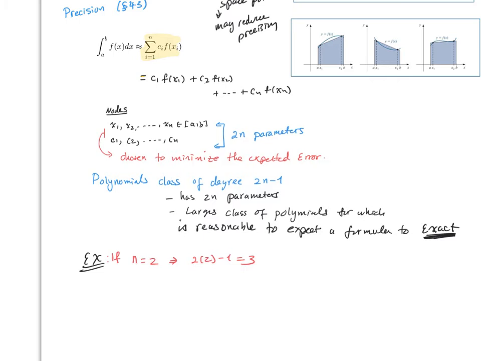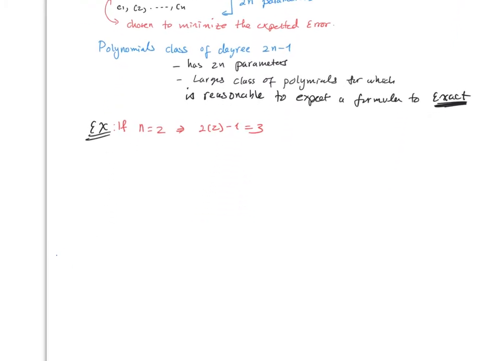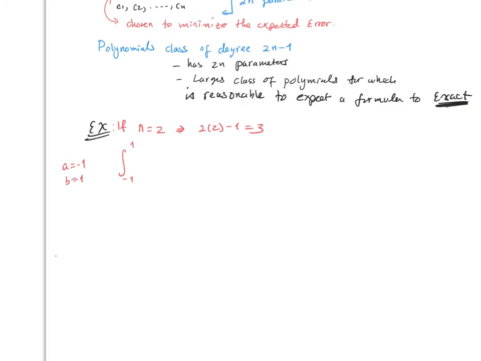Now for the Gaussian quadratures to work, you're going to have to integrate from minus 1 to 1. So a will be minus 1 and b will be 1. We need that so we can use the properties of integrals, where you find even and odd integrals. That makes calculating their areas a lot easier.